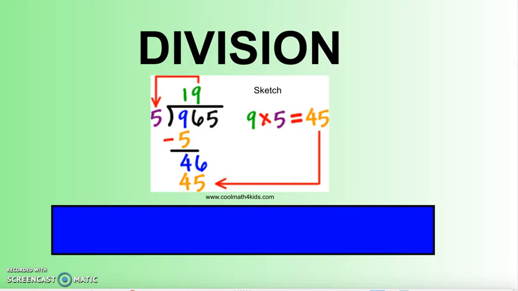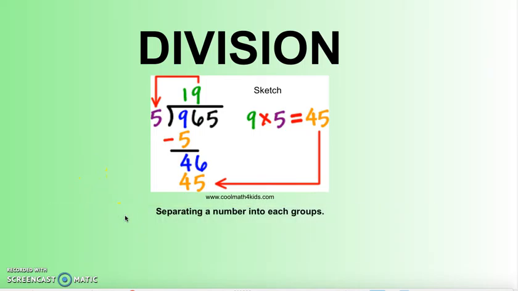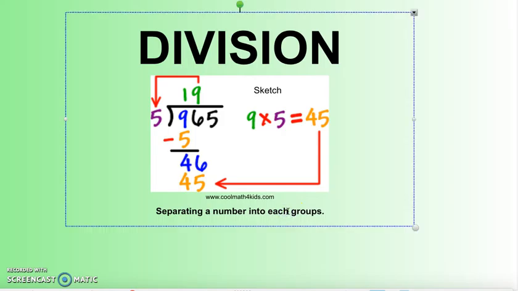Division is our next one. What's the definition of division? Okay, I have separating a number into each group or into groups.